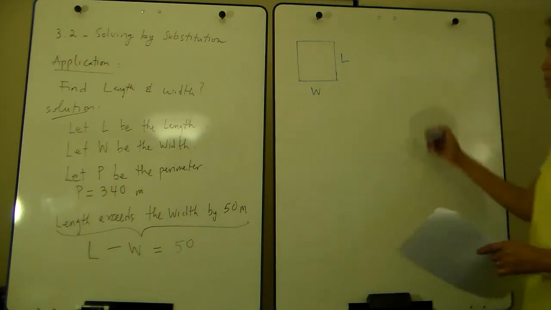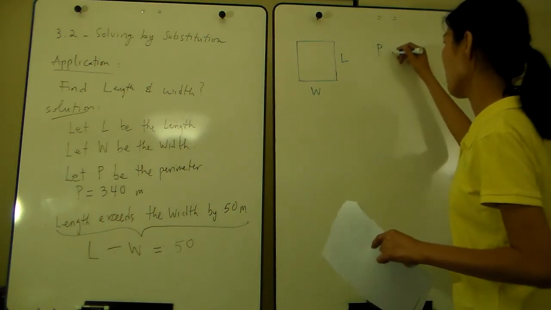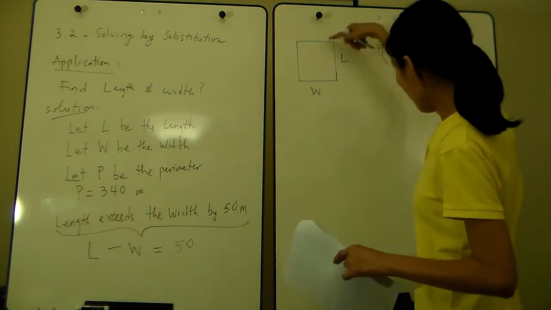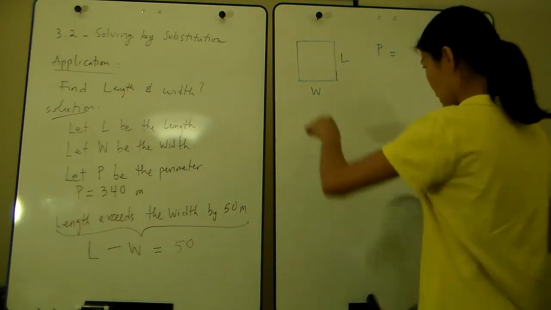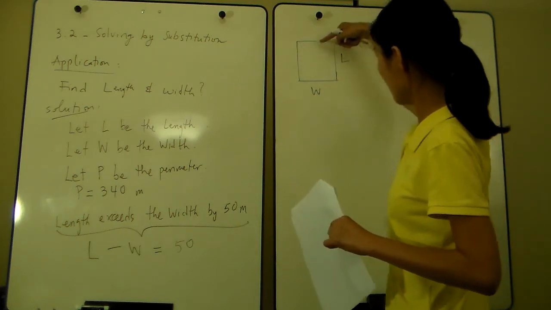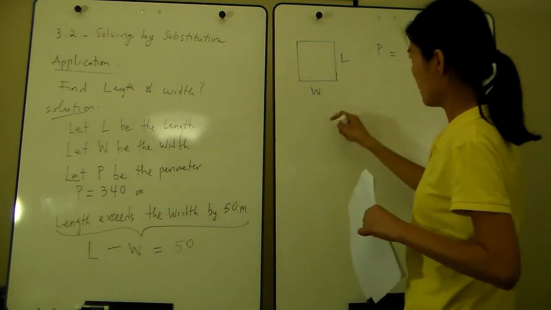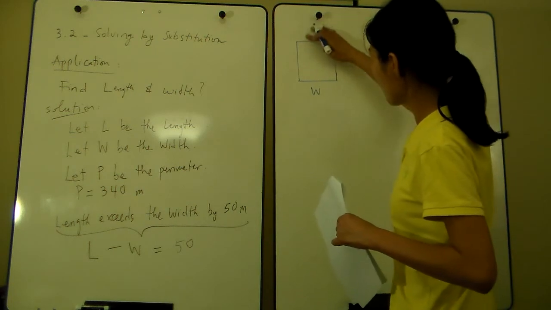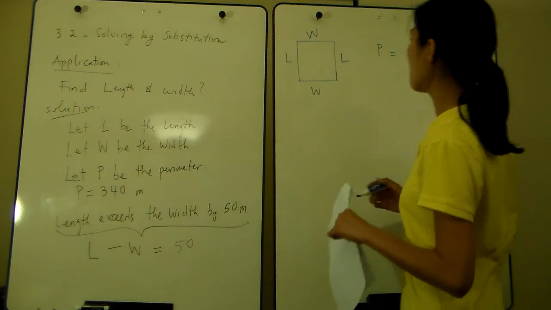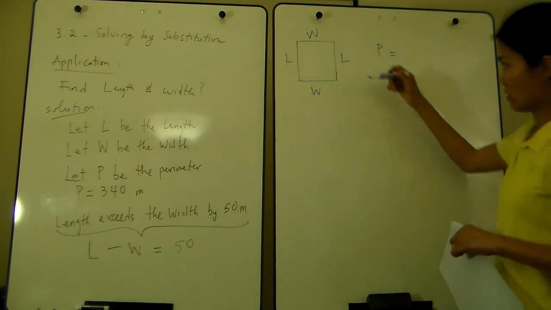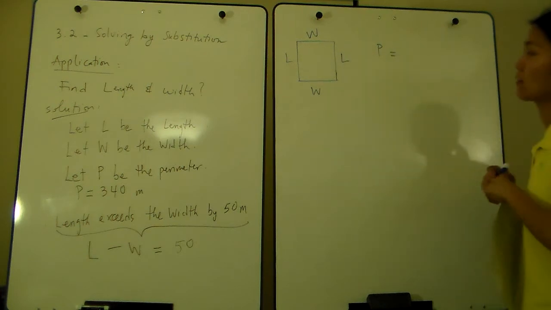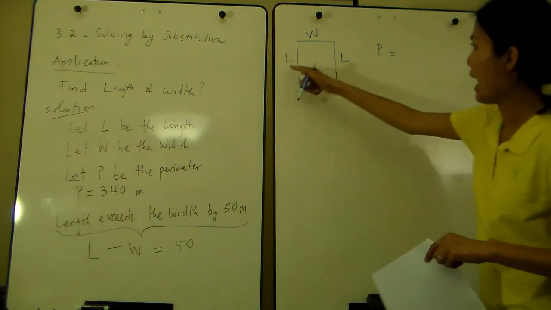Now, you recall, the perimeter of a rectangle is the sum of the lengths of all these sides: the width, the length, there's another width up here, and another length here. The perimeter is the length around the rectangle.